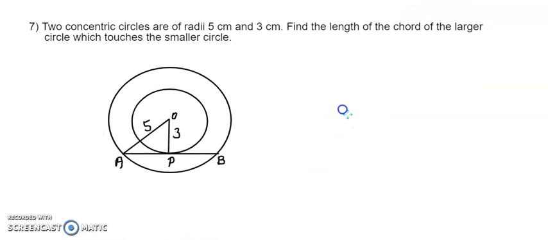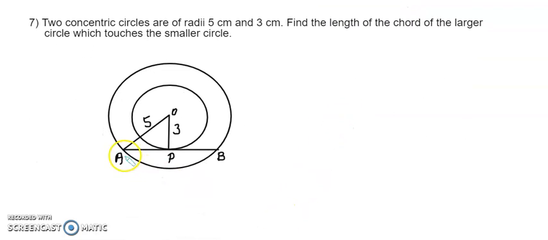Similarly, in the next problem, we have two concentric circles. Again, AB is the tangent for the smaller circle and AB is the chord for the bigger circle. The radius of the bigger circle is 5, the radius of the smaller circle is 3. Again, we have to say here, OP is the line which is passing through the center of the bigger circle and it's perpendicular to the chord AB.